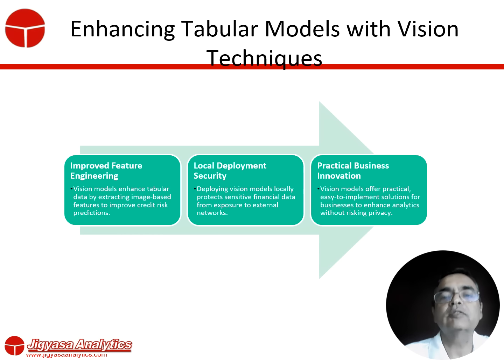And because of that, this becomes a very practical business innovation, almost a first step, if you will, where you can deploy vision models within your environment and use them to enhance your already existing credit risk scorecards.